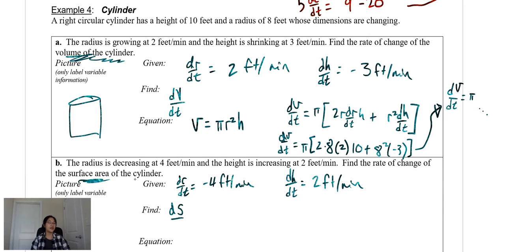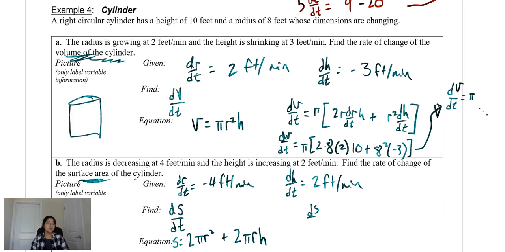Let's call this dS/dt. Surface area of a cylinder is pi r squared, and 2 of those, right, for the top and the bottom, plus 2 pi r h, which is the rectangle that's wrapping around. So that's the surface area.